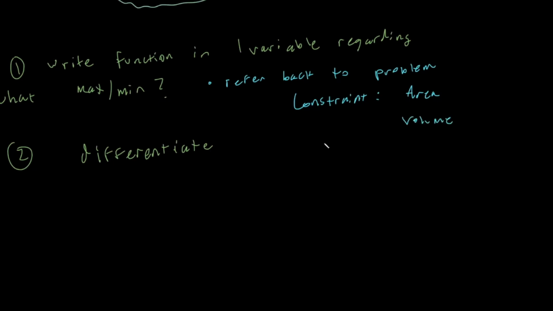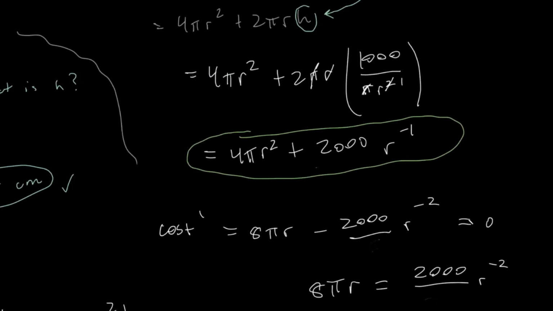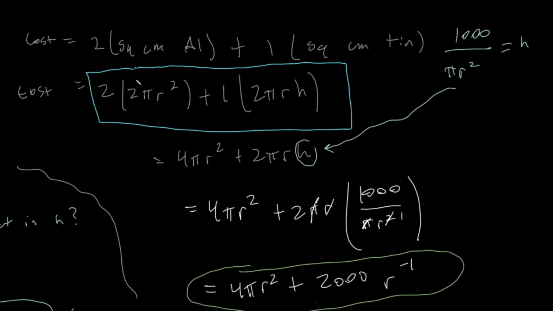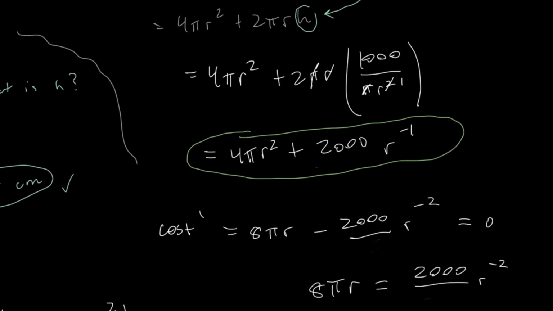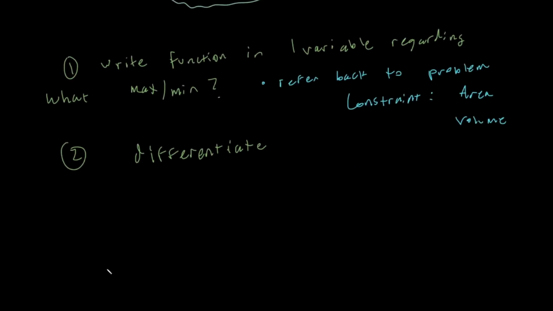Something will be constrained in order to let you make a substitution like we did earlier. Remember, we had cost in terms of R and H, but knowing that the volume has to be 1,000 units, then I can put H in terms of R. So you differentiate, and then this will find your critical points. And if it's only one critical point, you're done. If it's multiple critical points, you need to test.